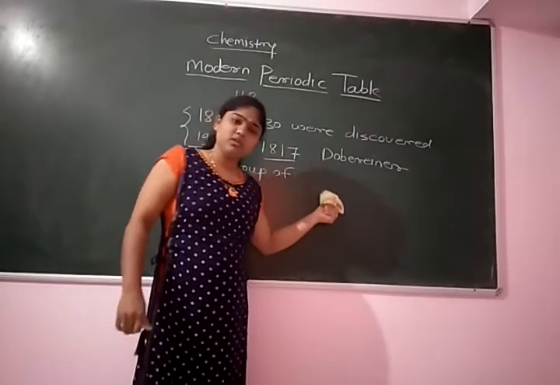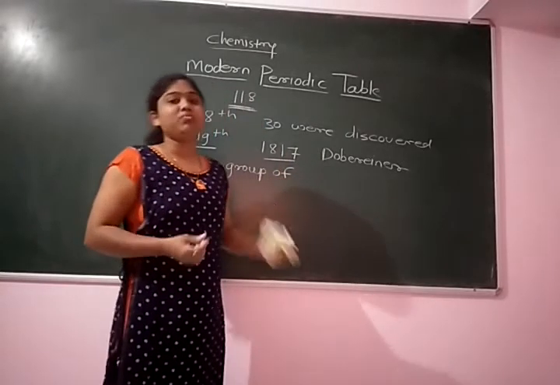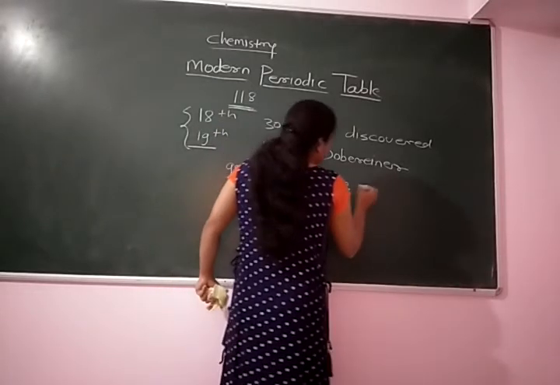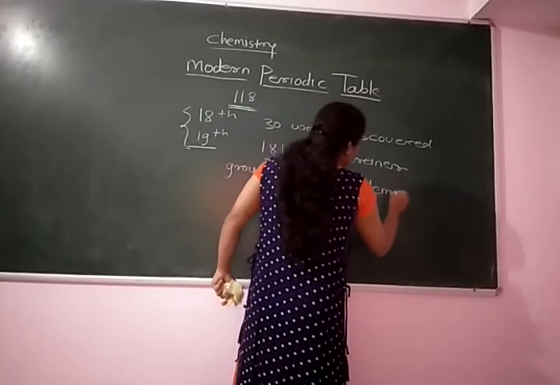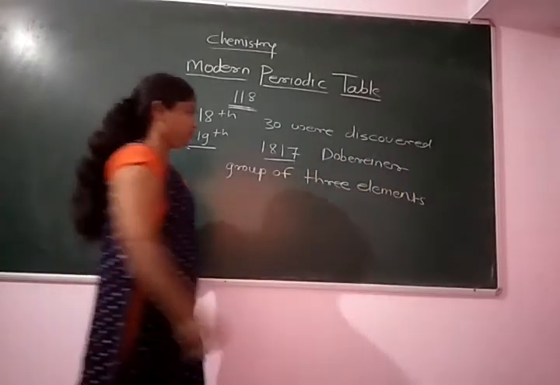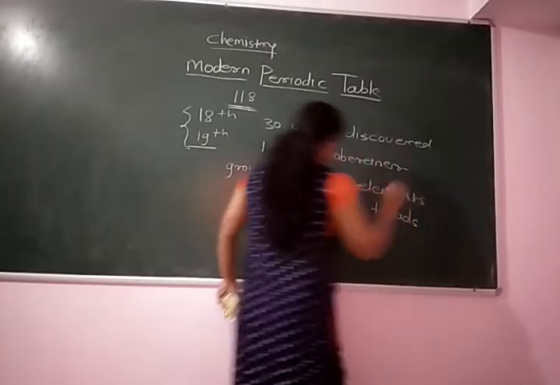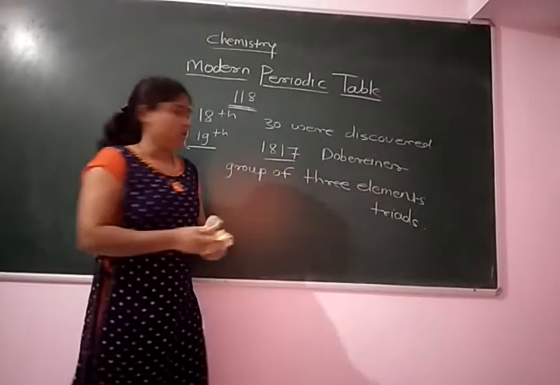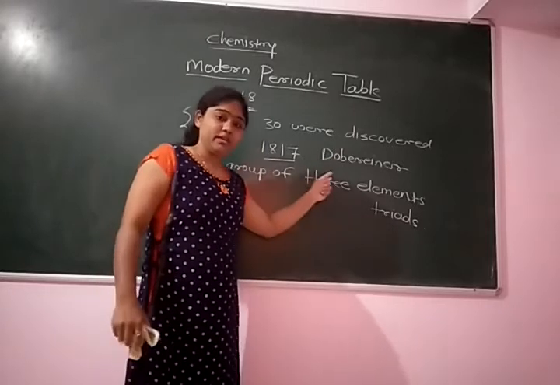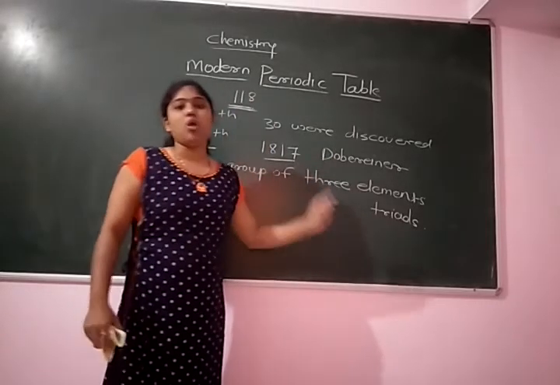Dobereiner was a German chemist, and in 1817 he found that groups of three elements, which he called triads.